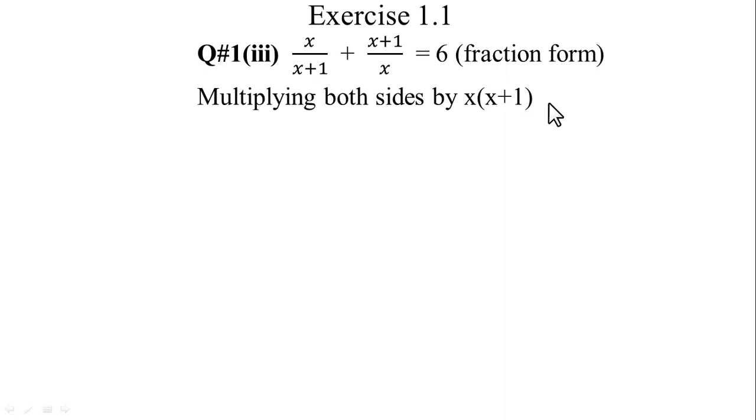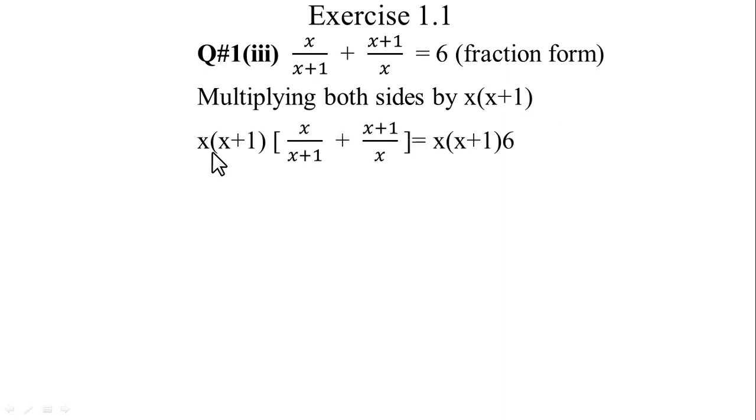So now we multiply x into x plus 1 into (x upon x plus 1 plus x plus 1 upon x) is equal to x into x plus 1 multiplied by 6. Here x plus 1 cancels out by x plus 1, then the answer is x square, and x multiplied by x gives x plus 1 whole square.